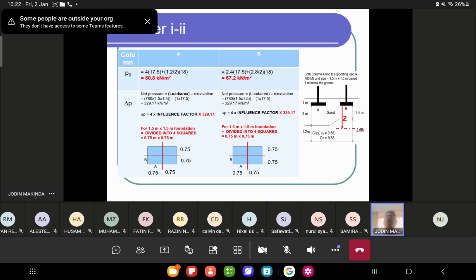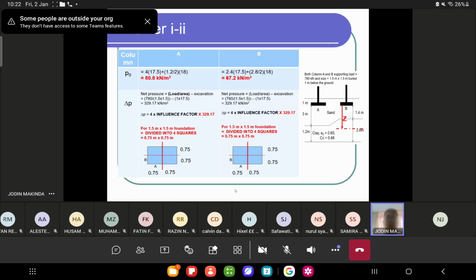This is not the stress increment. If we want to calculate the stress increment, we have to find the influence factor times 4. Why times 4? Because we have to divide your rectangular or square foundation into 4. So that is why you have to multiply 4 times the influence factor, then you multiply with 329.17. This is the stress increment.